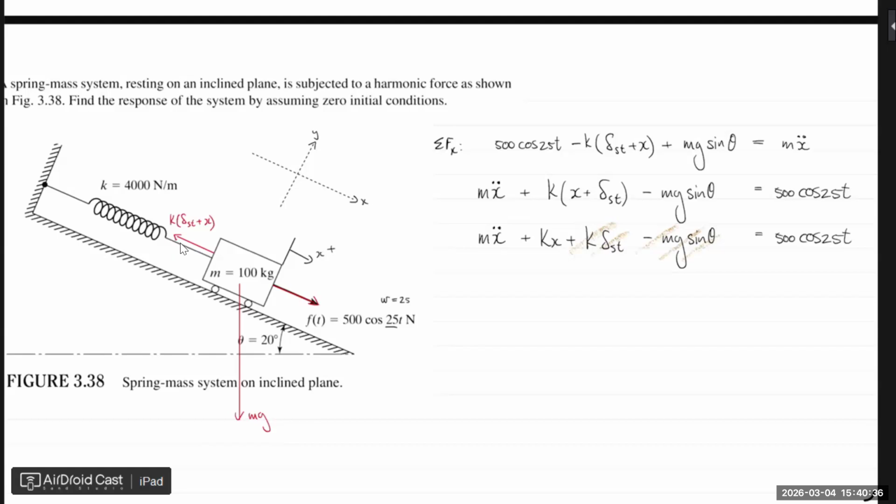Because in the beginning, if you don't have this force there, and you just leave this mass to be drawn downwards due to gravity, the force that will take it down is mg sin theta. And then the force, the beginning, that initial stretching is then just that part there. Okay. So here's that nice equation that we almost always have. In this case, we don't see a damper because there's no damping involved. And then we can solve this.